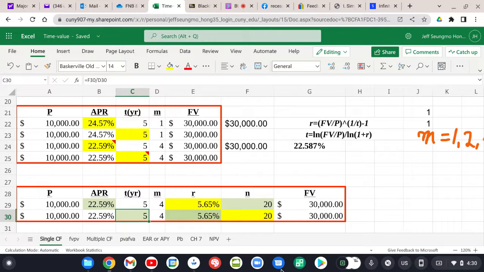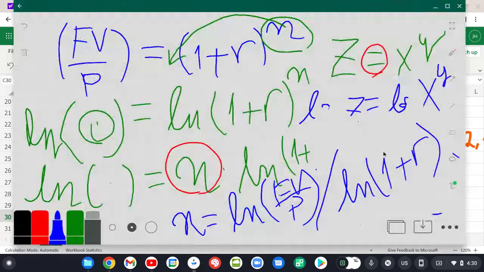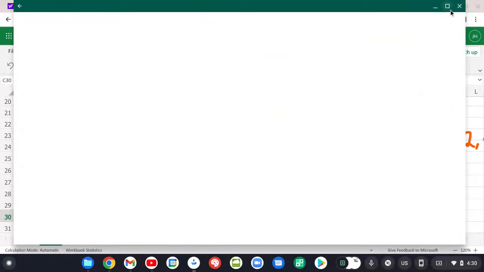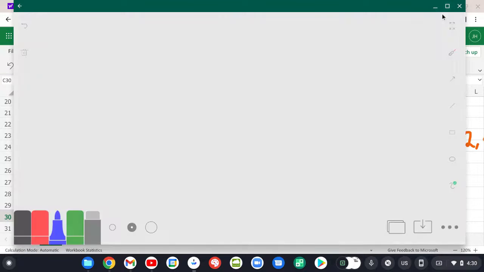Now I just want to revisit the infinity issue, right? I was a little mistaken.